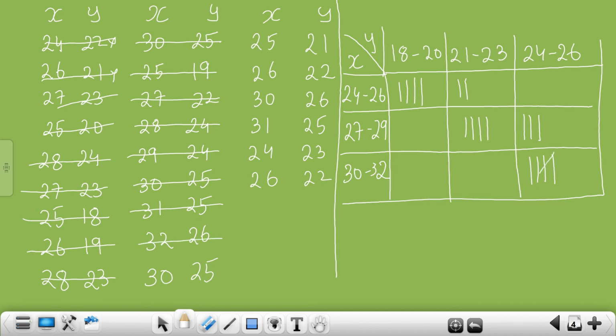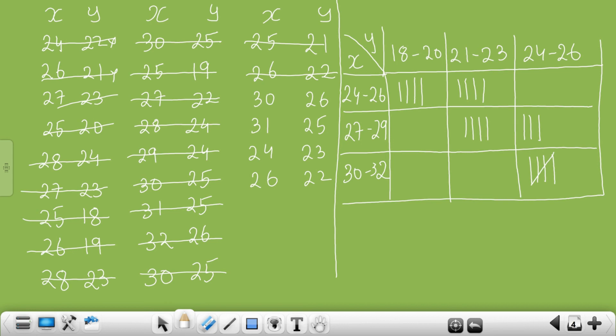Next is x is 30 and y is 25, so we have to put it accordingly. So after 5 we put it across. Next is x is 25 and y is 21. Right, so we have marked it. Now x is 26 and y is 22. Right, so we have crossed that as well.